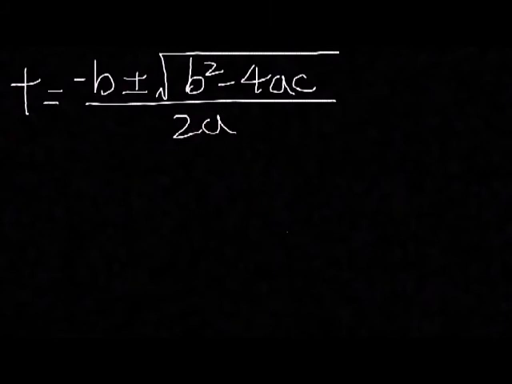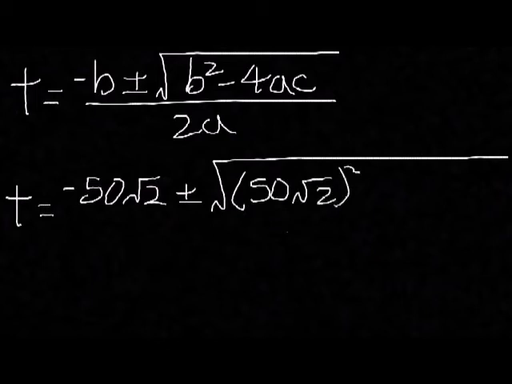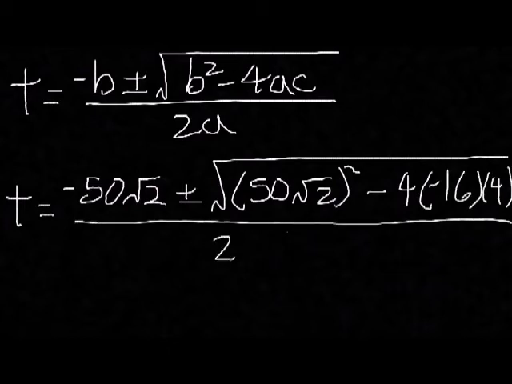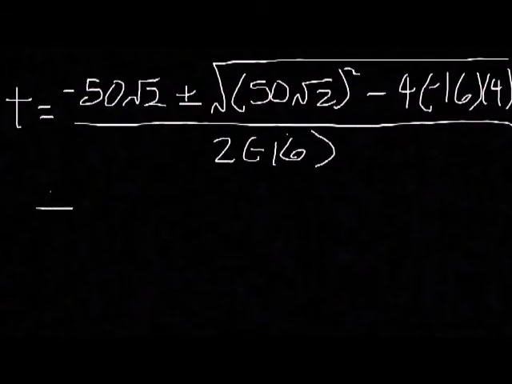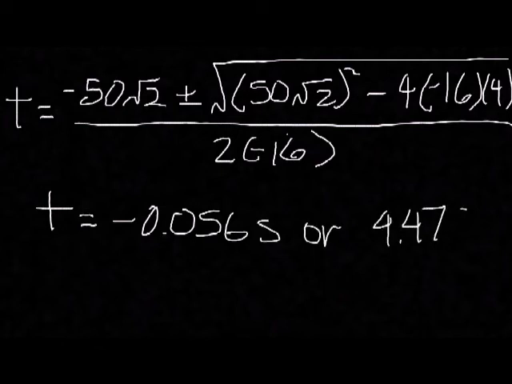Plugging the numbers into the equation, you get that t is equal to negative 50 root 2 plus or minus the square root of 50 root 2 squared minus 4 times negative 16 times 4, all over 2 times negative 16. When you solve for this, you get that t is either negative 0.056 seconds or 4.475 seconds.